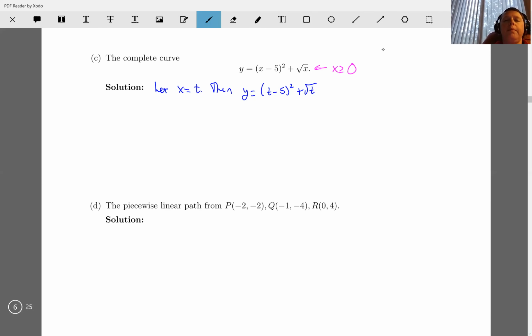And so that means when we go to here that t is going to be greater than or equal to 0. So one possible answer is x equals t, y equals t minus 5 quantity squared plus square root of t, and t is greater than or equal to 0.